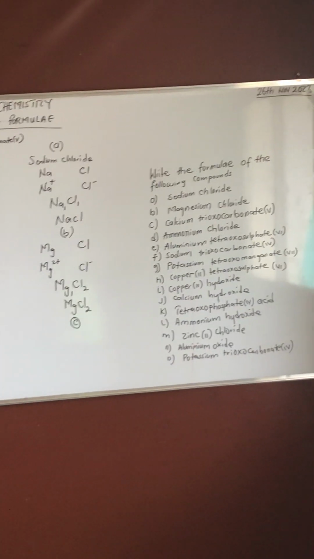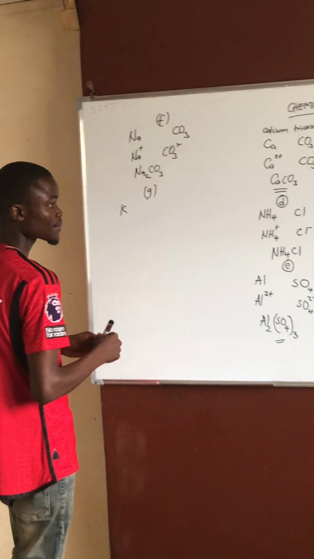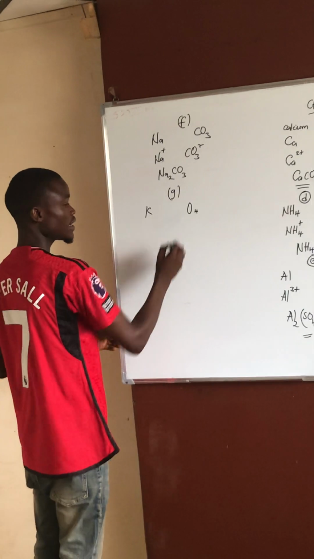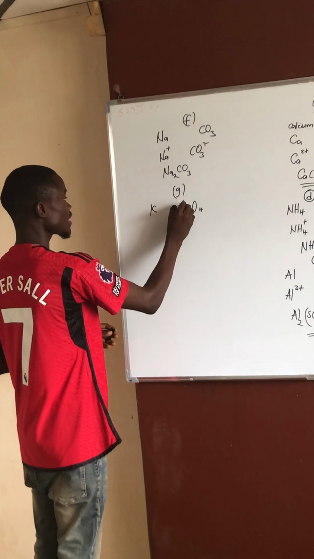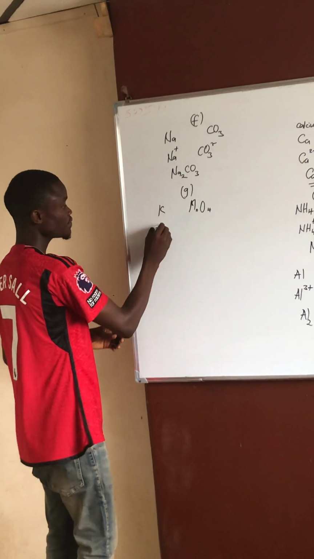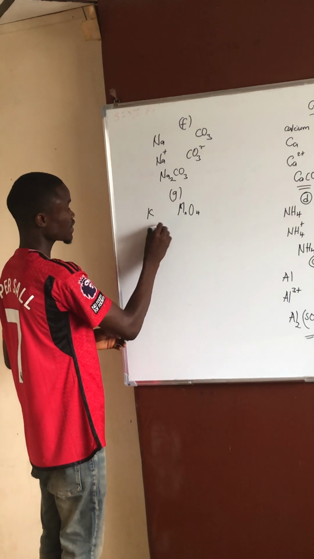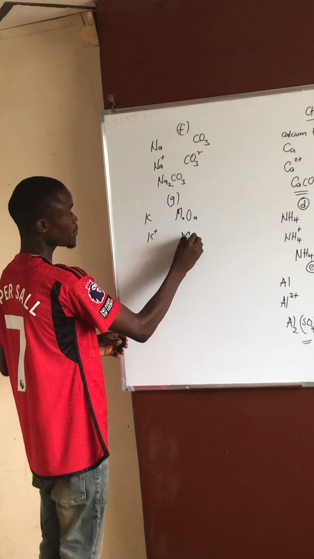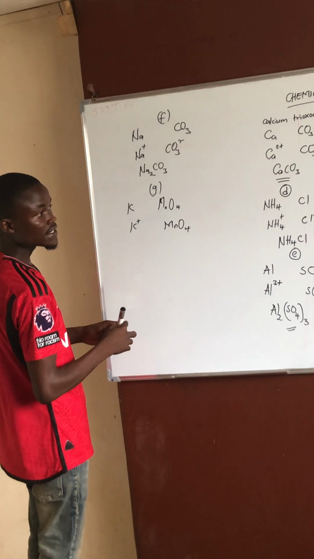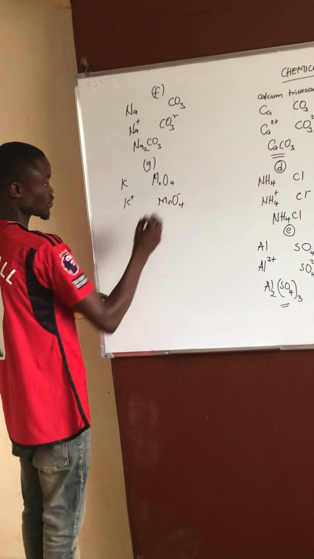The next one, which is G, they said potassium tetraoxomanganate. From the word potassium, the symbol is K. Now they said tetra. So tetra means 4 for oxo, oxygen. Manganese, the symbol is capital M, small n. The oxidation state for potassium is K+, while for tetraoxomanganate(VII) it is minus.